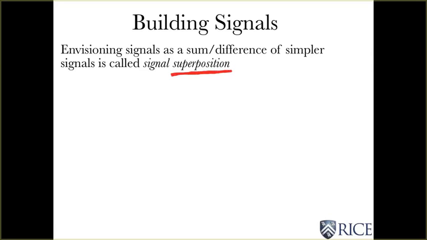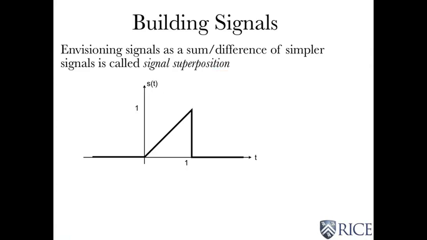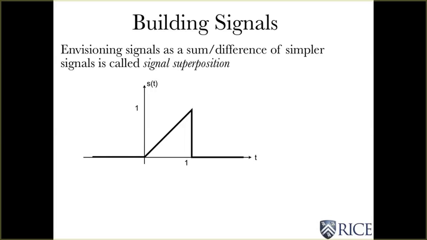Okay? Here's our example. How would you build this? How would you deconstruct it? What are the pieces that you see in this signal? Okay, well, I see that big discontinuity. Right away, the first thing that jumps out is that it's discontinuous.